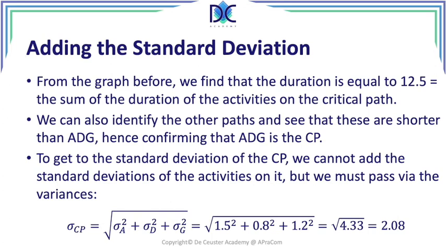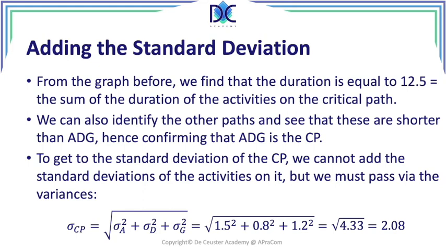We know that there is a 50% probability that the project will finish in less or more than 12.5 periods. But when we add one standard deviation, 12.5 plus 2.08 is 14.58.